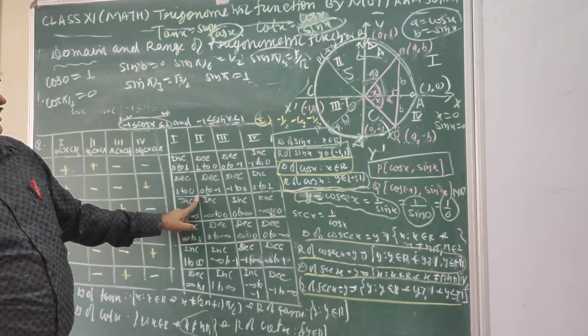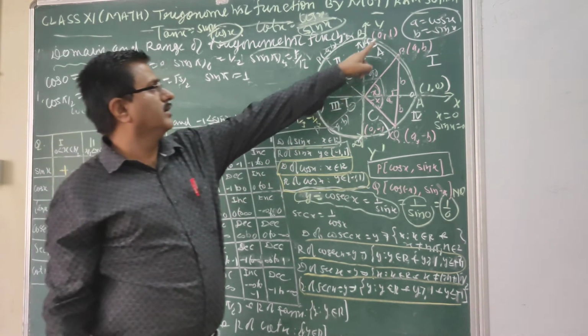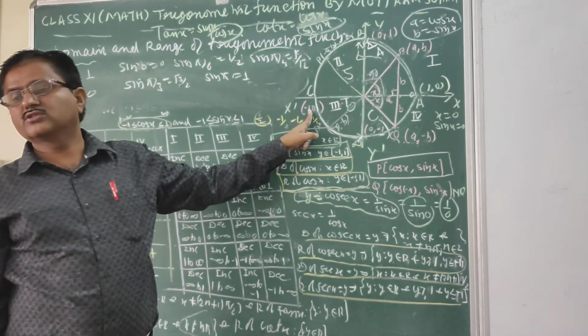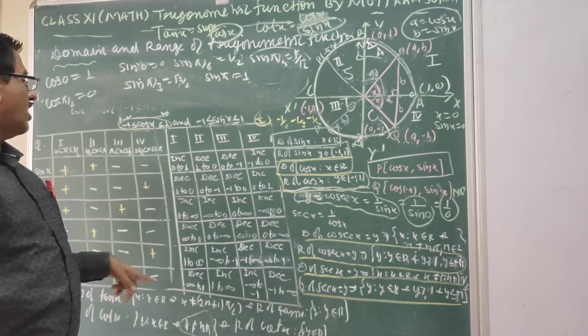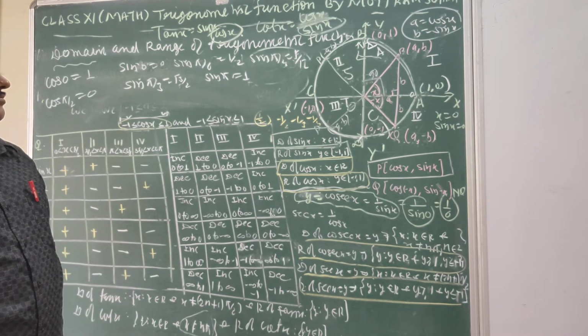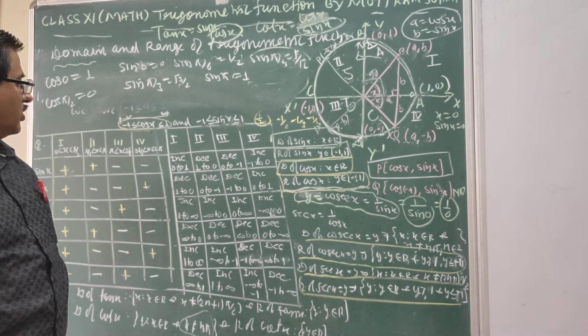Again, from 0 to minus 1, so again it decreases. In the second quadrant, it is decreasing from 0 to minus 1.